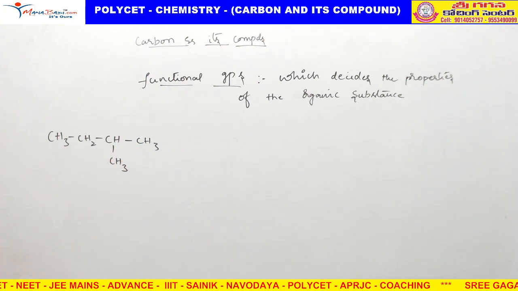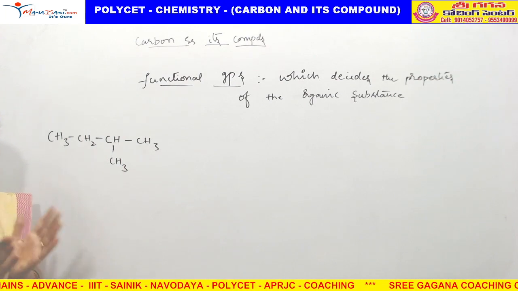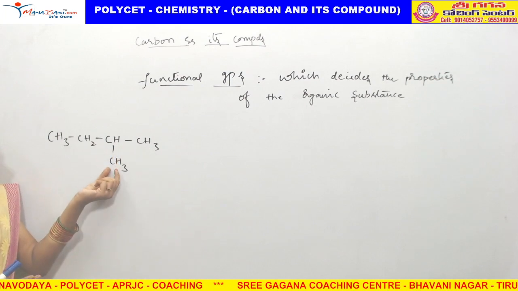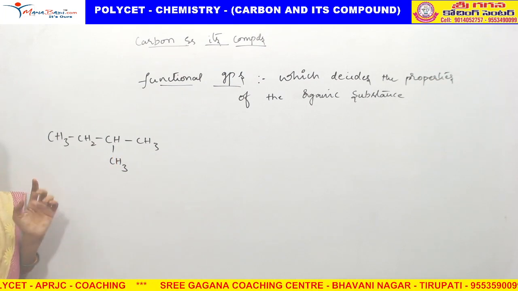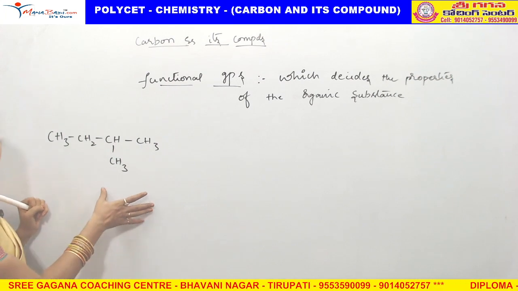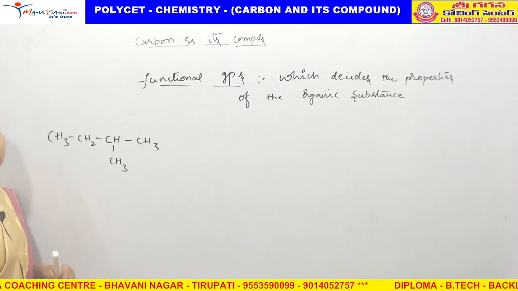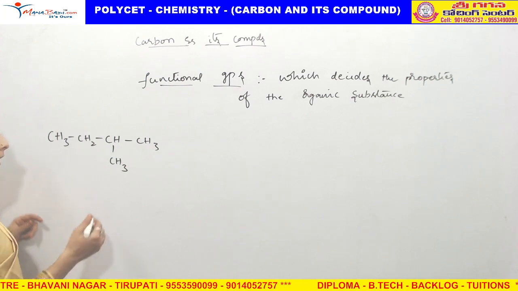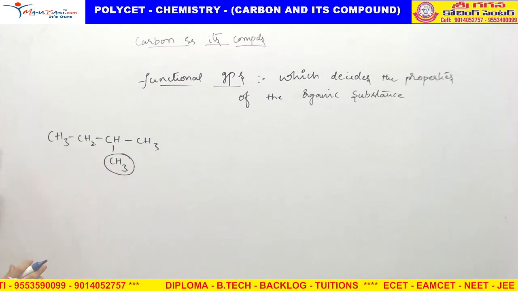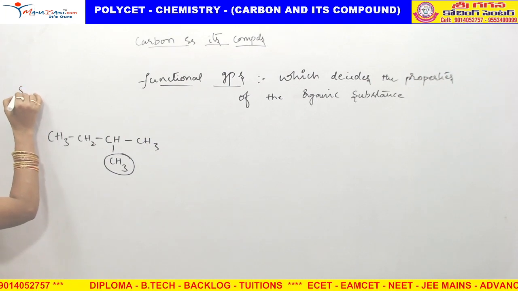Did I add any external, any other element? No. Other element not added. Only carbon and hydrogen. There is no extra element. Only these two elements, but I added extra. These types of extra groups are called substituents.